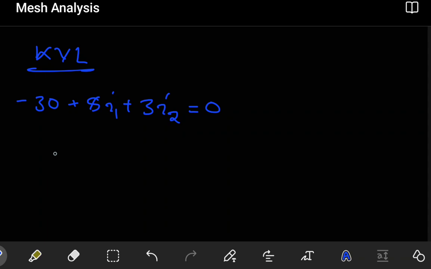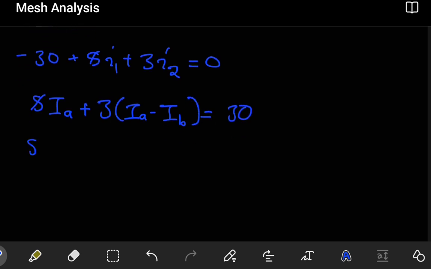Simplify this, the 30 goes the other side. Substitute the I1 and I2 by the respective mesh currents: 8 IA plus 3 IA minus IB. Then this is equal to the 30. Simplify this: plus 3 IA minus 3 IB is equal to 0.